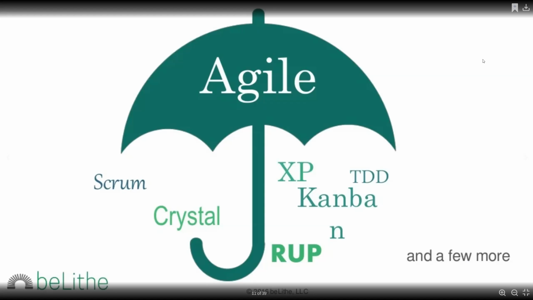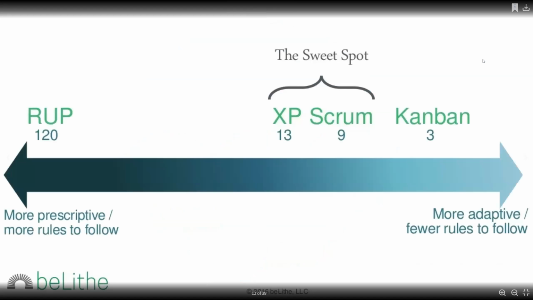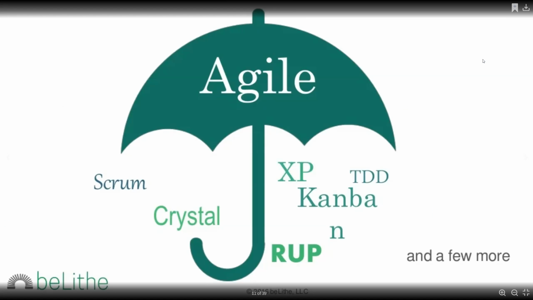Sorry about that. So there's Kanban in Agile. There's so many, but today I'm not going to go into any of them. I'm just going to give a general overview. So there's XP, which means extreme programming, TDD, test driven development, Kanban, and you name it.